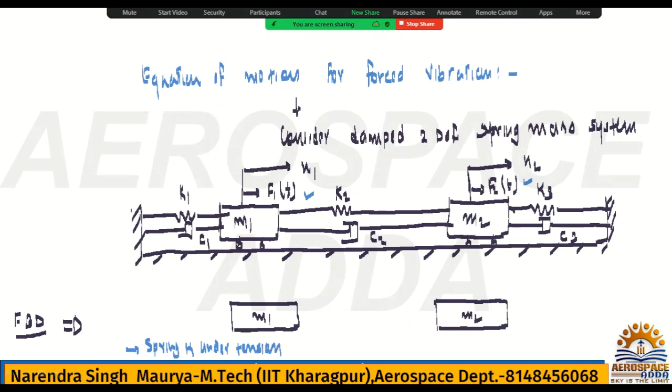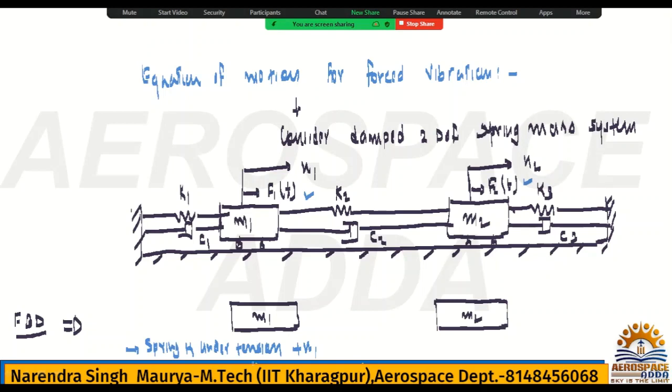So if tension means elongation in the spring, then what will be this displacement? It will be positive. So you can take it as plus x1. Why? Because we are getting tension in spring K1. Hence, obviously, you will get positive displacement, or you can say deformation or elongation. So it is plus x1.